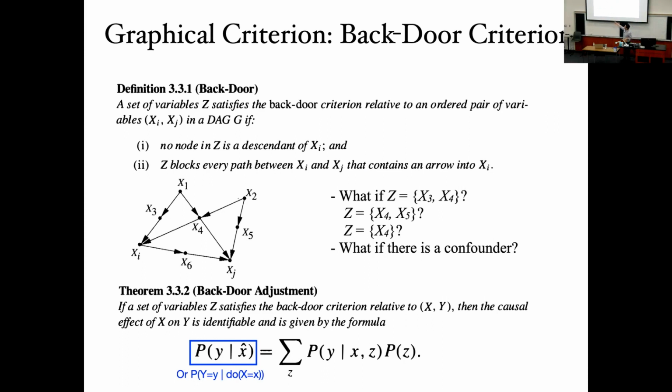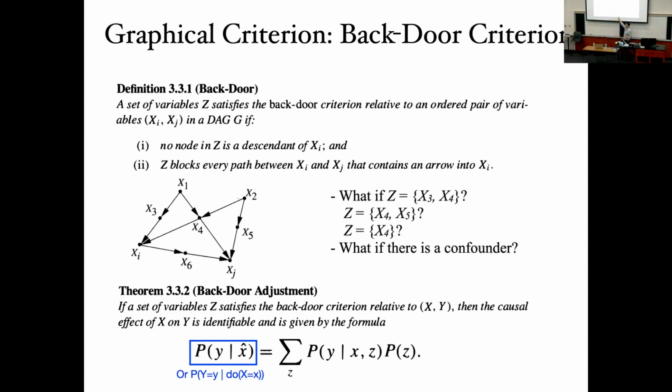The second one says that Z blocks all paths between xi and xj that contain an arrow into xi. That's what I mean by backdoor paths. It's a path between xi and xj that has an arrow into xi. If the two conditions hold true, we can immediately apply this equation to do the backdoor adjustment.